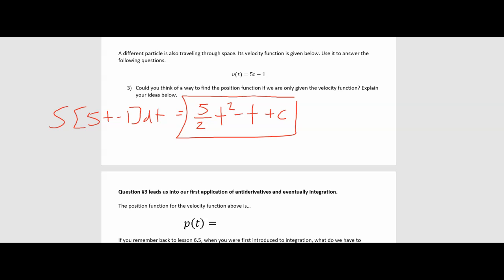I'm taking the integral of 5t minus 1, use brackets, and that is equal to 5/2 t squared minus t. Because this is an indefinite integral and not a definite integral, I need to keep my constant of integration, the c. But that would be my position function. And of course, that position function could be different depending on what my constant of integration is, what my c value is. So let's move on to the next page.